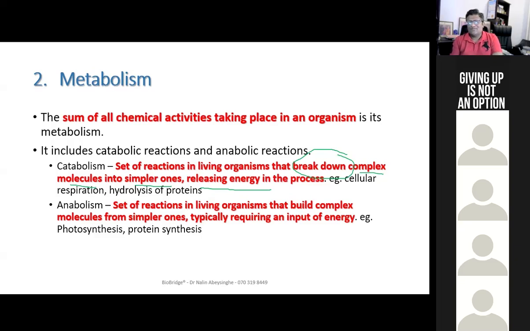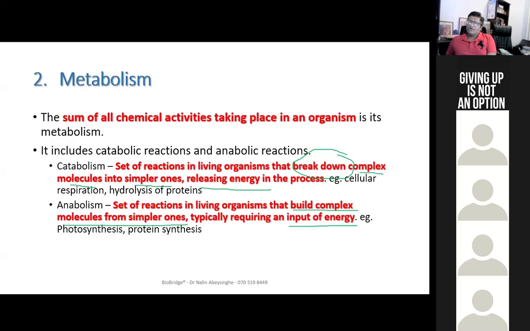The other way around, gathering simple molecules to form complex molecules, where energy is absorbed, or it requires taking energy in. Small molecules gather to form complex molecules, that is anabolism, right? It is a set of reactions in living organisms that build complex molecules from simpler ones, typically requiring an input of energy.